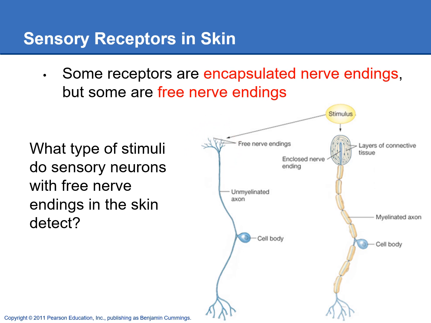And the type of stimuli that sensory neurons with free nerve endings are going to be detecting, some of them are going to be detecting pain, and then others will detect temperature, and then some will be detecting some of the types of touch. And then the ones that are encapsulated just detect touch.